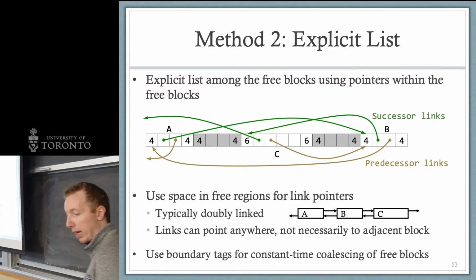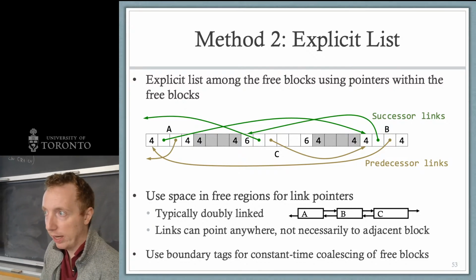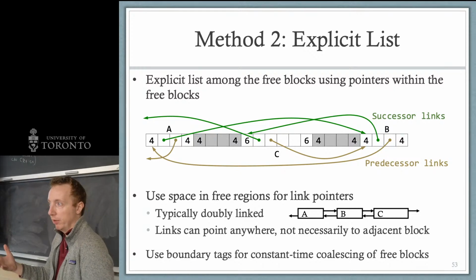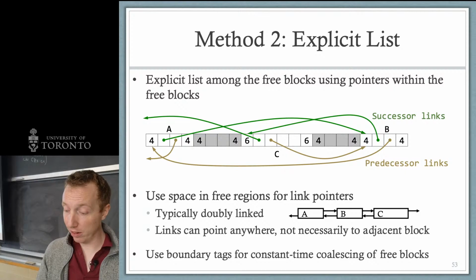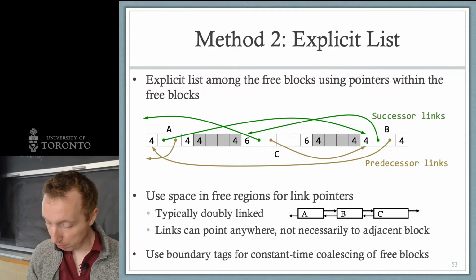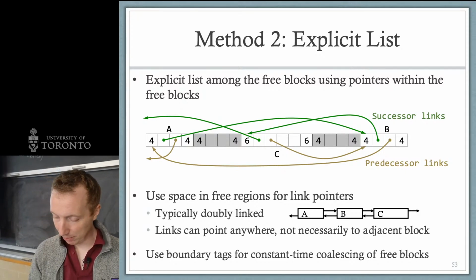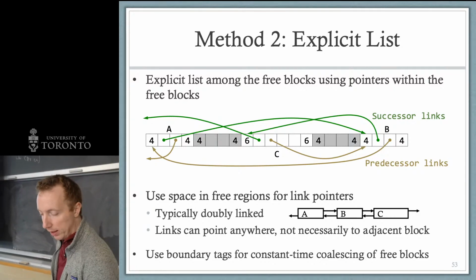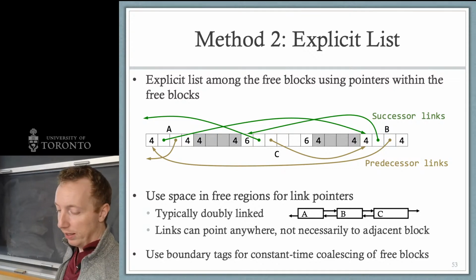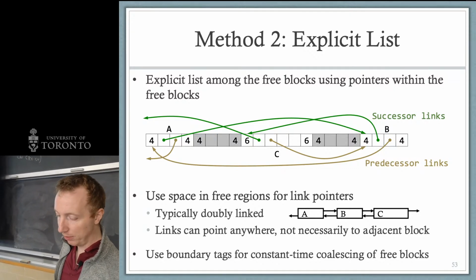So we don't actually have to scan any of the allocated memory. We don't touch it, we just skip over it. So it's a lot faster, especially if someone's been using the allocator for a long time and has allocated a lot of space. Typically this is doubly linked for coalescing reasons.